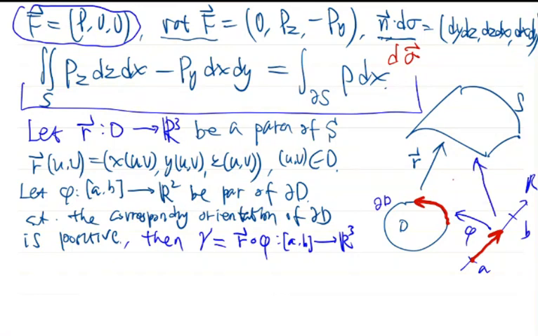This map is gamma equals R composed with phi. This is a parametrization of the boundary of S, and the orientation is the induced orientation.